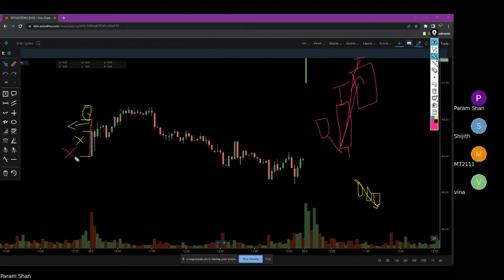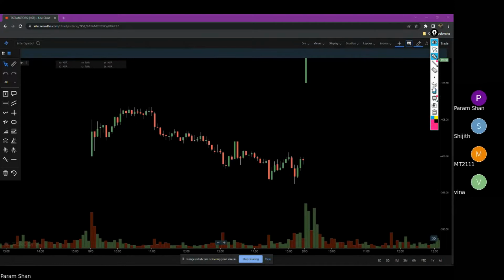No. Okay, so you have to ignore this candle. Okay, so remember the rule. If we are going towards high, it should be breaking the previous candle, right? So now you look at this candle. Did it break the previous one?